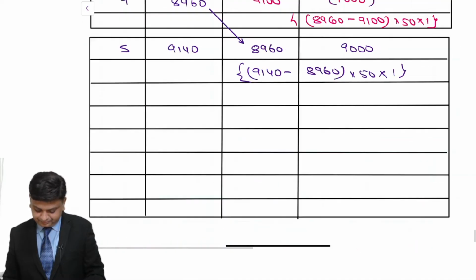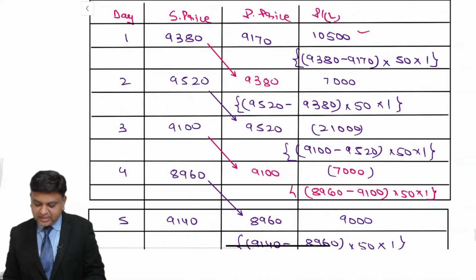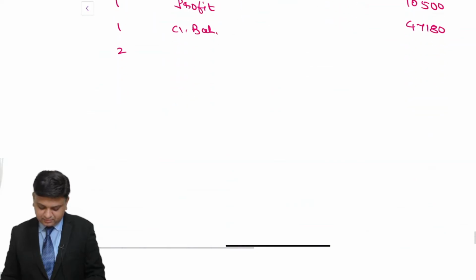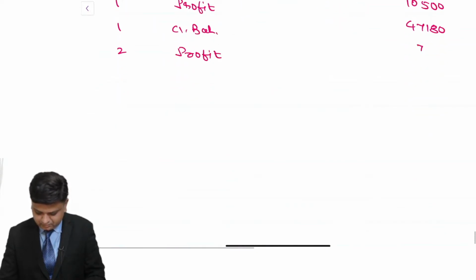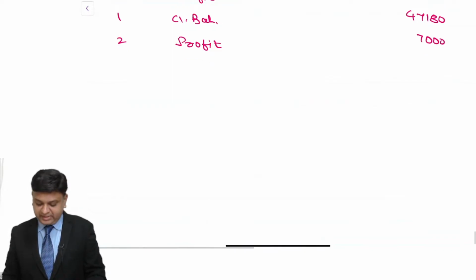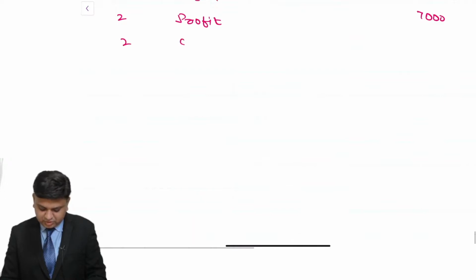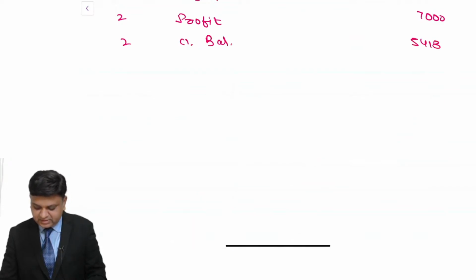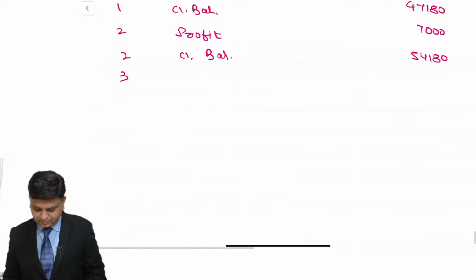Second day, again there is a profit of 7,000. So plus 7,000 is 54,180. So on second day, there is a closing balance of 54,180.